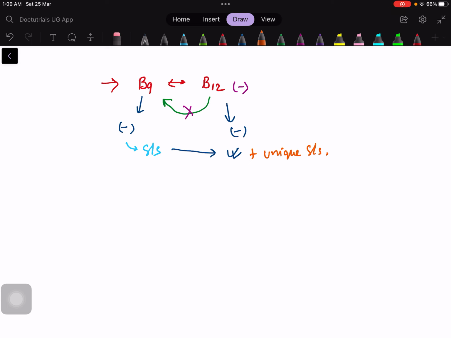If you understand this, then our work is very, very simple. I'll repeat. B9 deficiency will cause some signs and symptoms. B9 recycling requires B12. So if there is B12 deficiency, there will be B9 deficiency, because B9 is getting trapped and cannot be recycled. So whatever signs and symptoms are there in B9 deficiency will also be there in B12 deficiency.